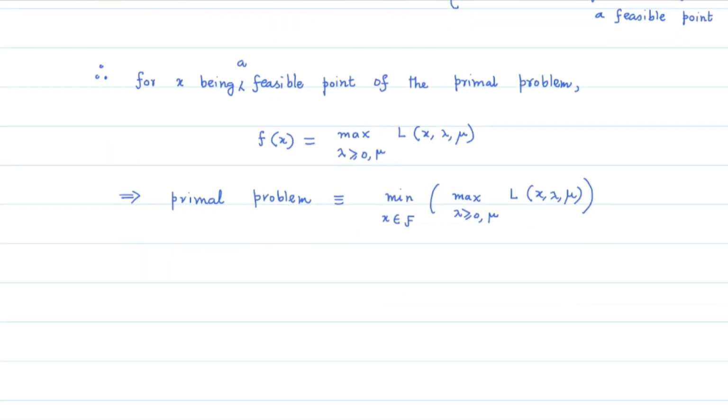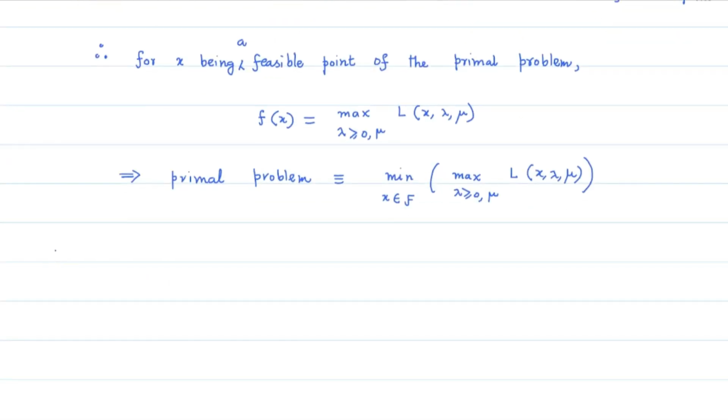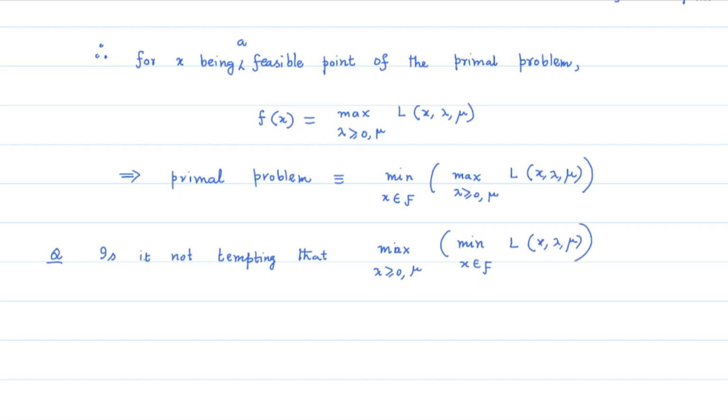So I just write here the question: is it not tempting now that we alter these operations to max-min, by taking the maximum over lambda greater than or equal to 0 of the minimum over the feasible set of the Lagrangian function, and check if this max-min problem is easier to solve, then you just go for solving it.